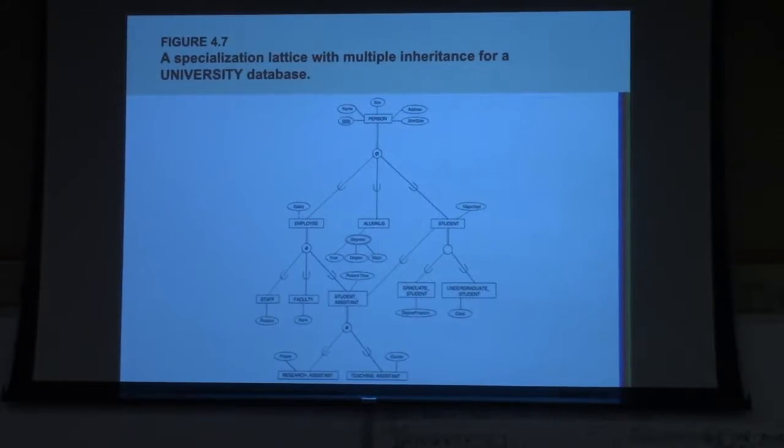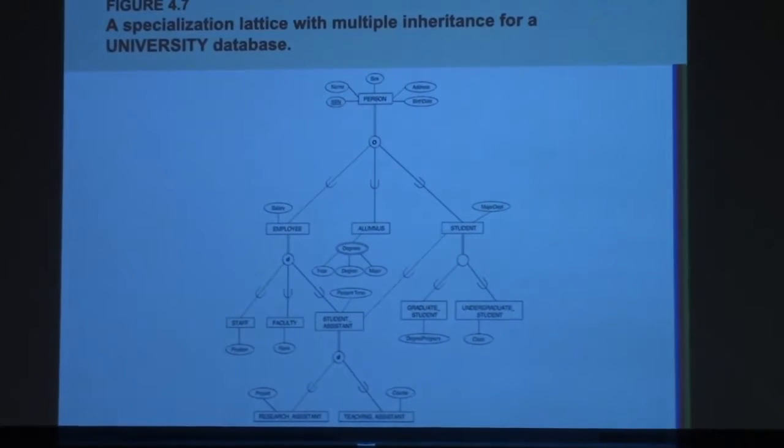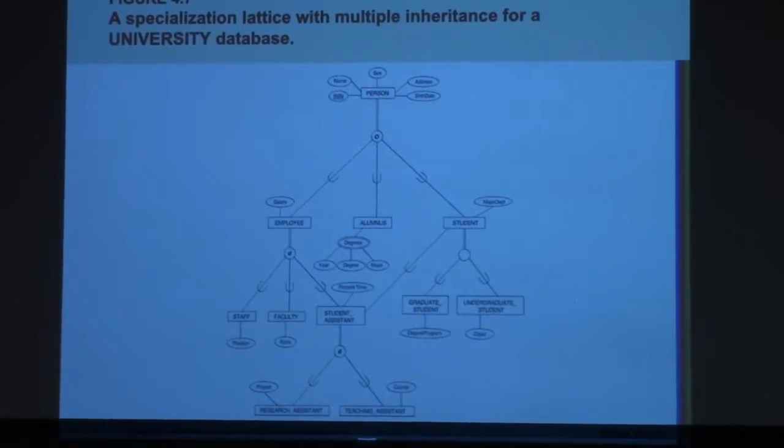Okay. What about this? This is the ER diagram for the person, or employee, and the people in the university. So question, how many entities can you find here? Person, employee, alumnus, student assistant, how many entities? It's one entity per person, but it's starting from the person superclass and 3 subclasses.